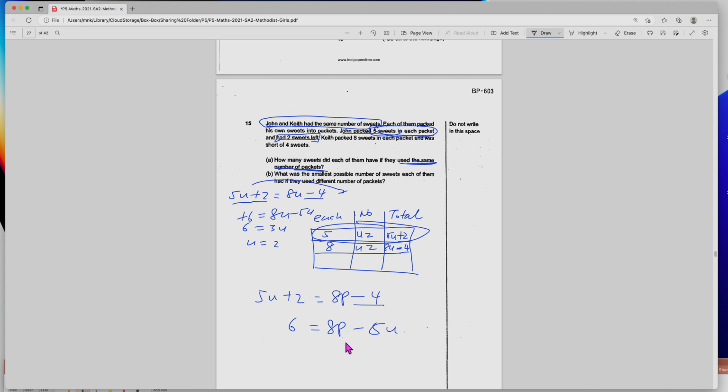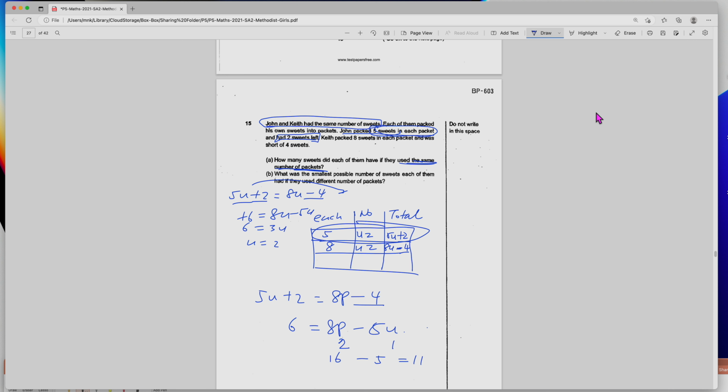Test. If this is 1, this is 8, right? So cannot, because they say P and U must be different. If this is 1, this must be 2, it doesn't make sense, so cannot. So this is trial and error already. If this is 2, this has to be 1, so this is 16 minus 5 is 11.